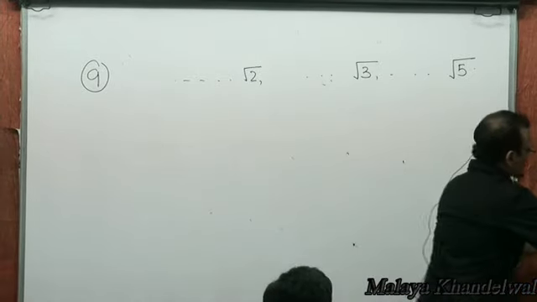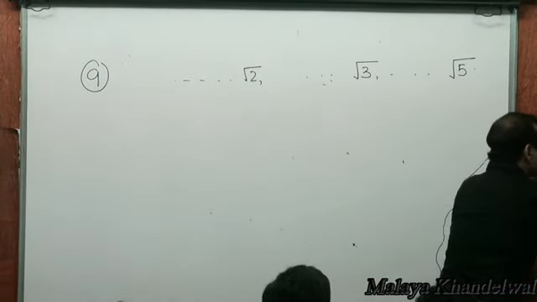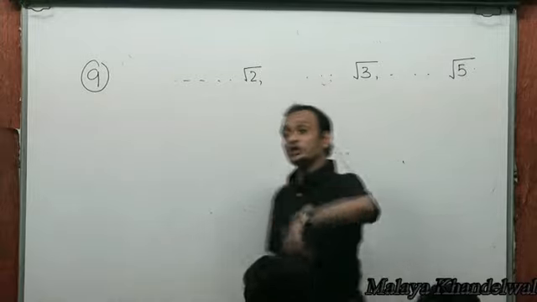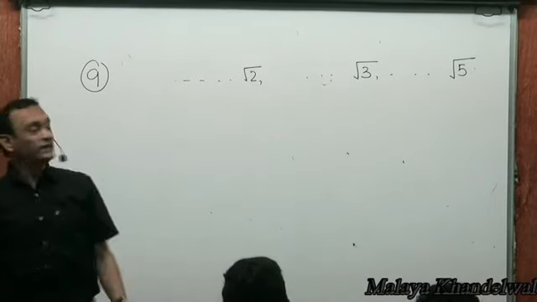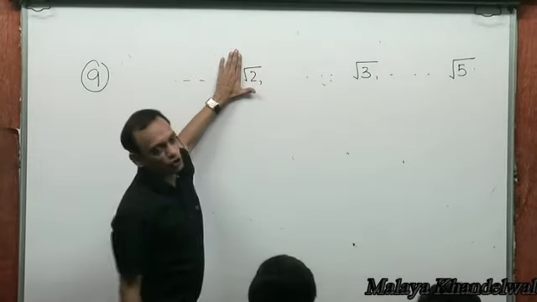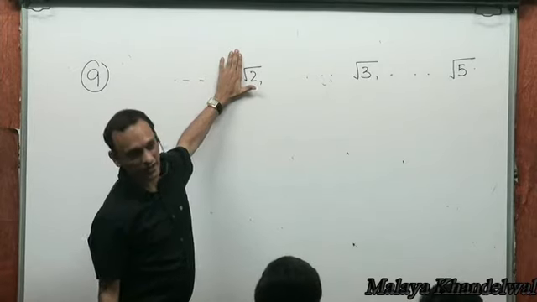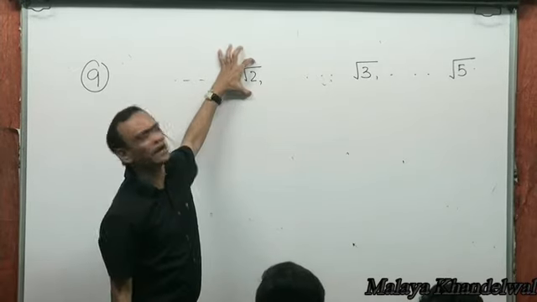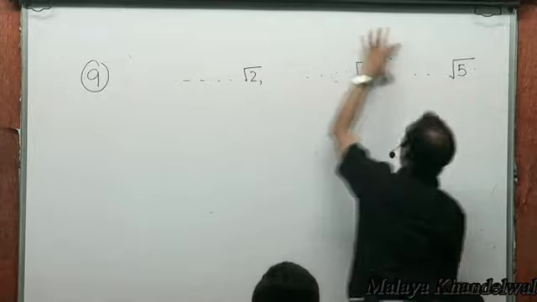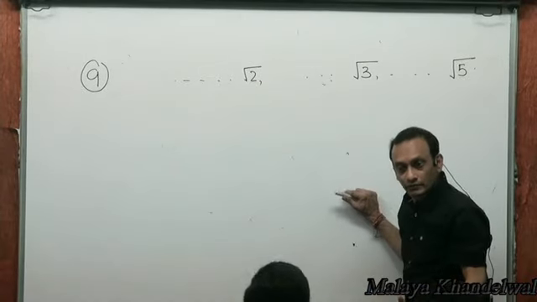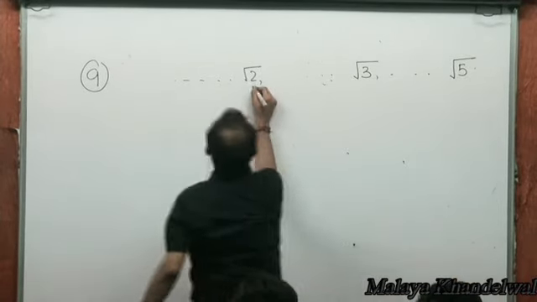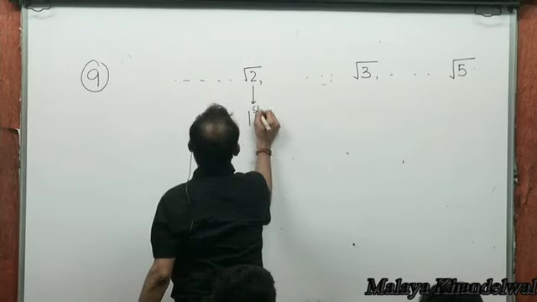Now, what we could do is, let's assume that it does. Let's assume that such an AP does exist, right? And see, it's your choice. You can call any term the first term of the AP, right? You can start by examining that AP from root 2 onwards. So let's say root 2 is looked upon as the first term.